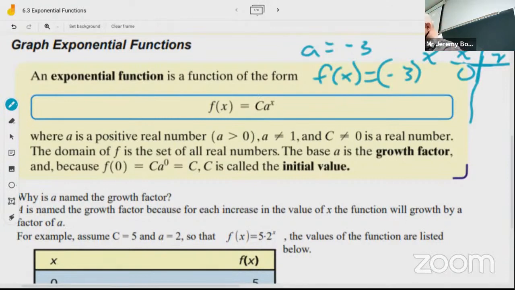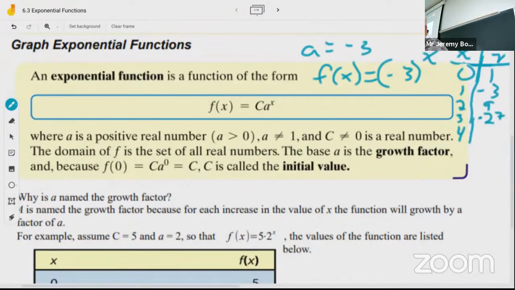And then if x was 1, what is y going to be? It's going to be -3, right? Now, what if x is 2? That's going to be +9. What if it's 3? What's 3 times 9? 27, but negative. And what if it was 4?